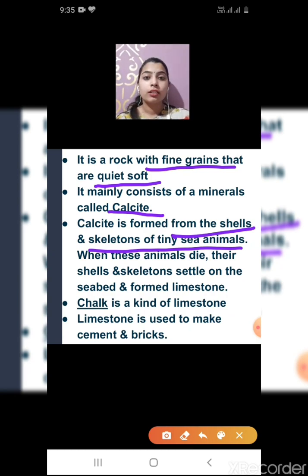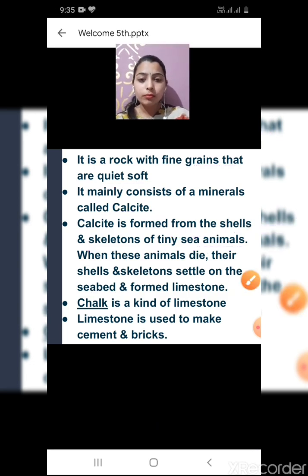Understood? Calcite is formed from the shells and skeletons of tiny sea animals. When these animals die, their shells and skeletons settled on the seabed and formed limestone. Here is one new word, seabed.